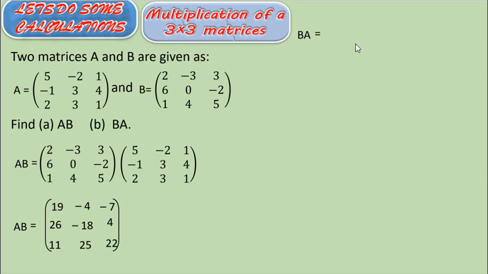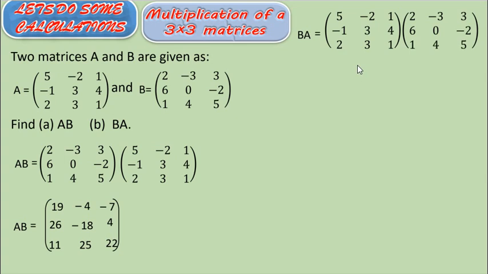Now, BA, if you follow the same argument and every explanation, I don't need to go ahead and do all the multiplication. You will still get another answer. So now, do you see? Now, B is written first.